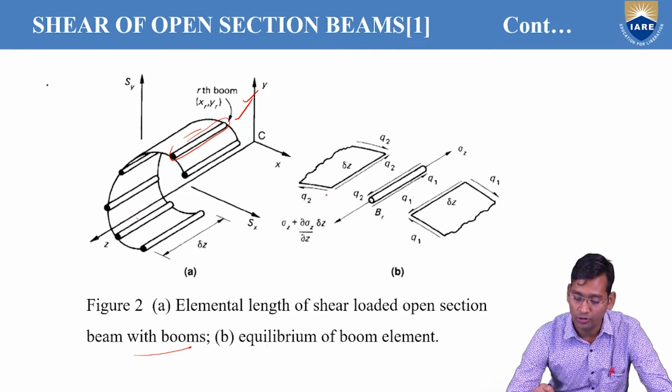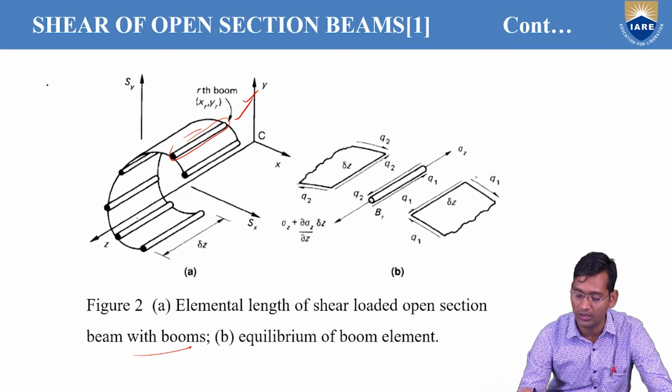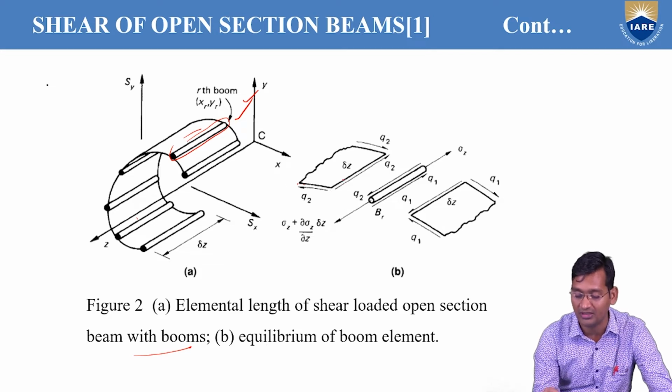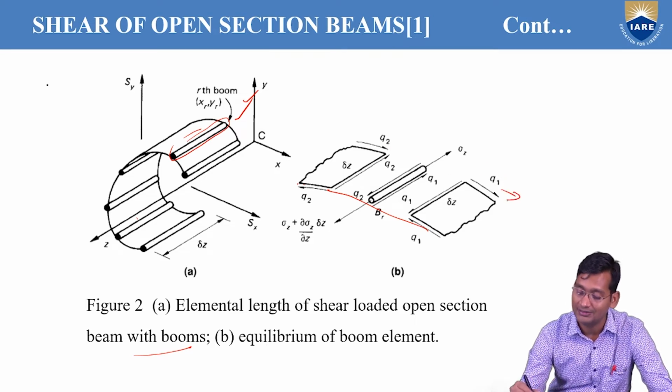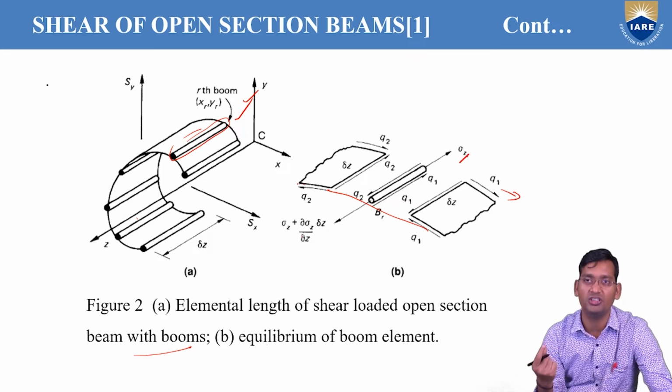So now Q2 shear flow will act here in this direction, Q1 in this direction for this side, right? Just see here, Q1 and Q2 for this side are acting like this, and Q1 and Q2 for this surface are acting like this. Here sigma z is there, so definitely on this side sigma z plus the small change in the stress will be there.